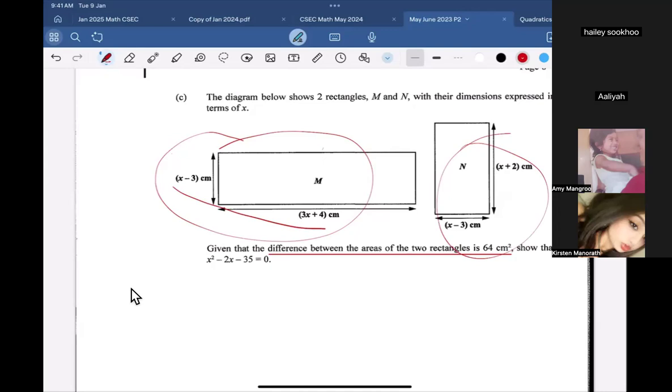That's a cube, so quadratic. Right? So you would get a quadratic here, and you would get a quadratic here, because x by x. And those two expressions, you would subtract them. And when you subtract them, that would be equal to what? According to the question, they said the difference is 64 centimeters squared, yes.